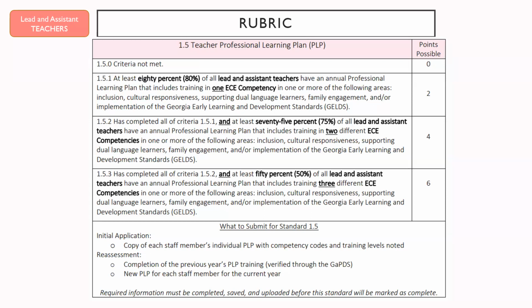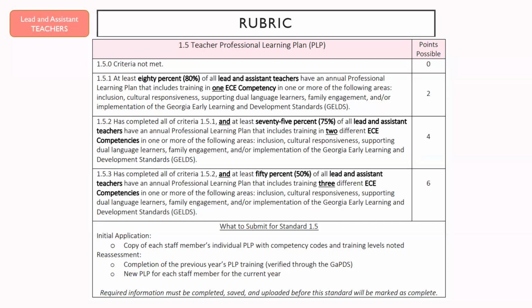For 2 points, at least 80% of all lead and assistant teachers must have an annual PLP that includes one ECE competency training for the 2 points. In those focus training areas, you could get 2 points. If this criteria is not met at the minimum 2-point level, no points will be awarded.